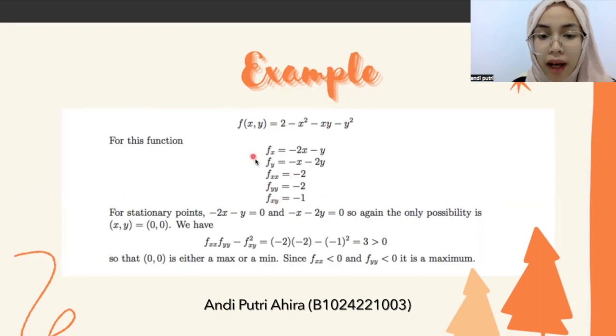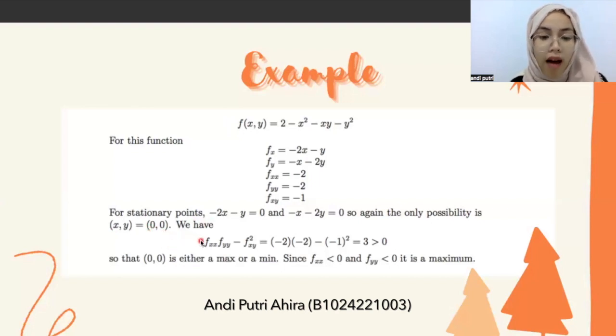After we work out the partial derivatives, we now set both of them to 0. So for the stationary points, or the critical points, negative 2x minus y equals 0, and negative x minus 2y equals 0. So the only possibility for x, y is 0, 0.